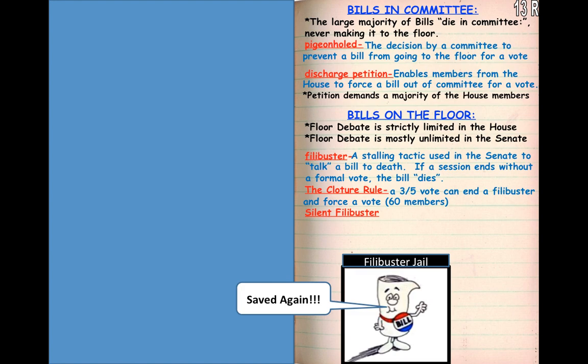It would kind of be a slap in the face if you were a Democrat and you were filibustering and other Democrats said, we're not with you, we would rather force a vote. So this doesn't really happen that often, but this cloture rule could save a bill from dying via filibuster.